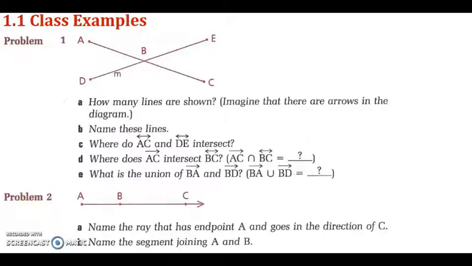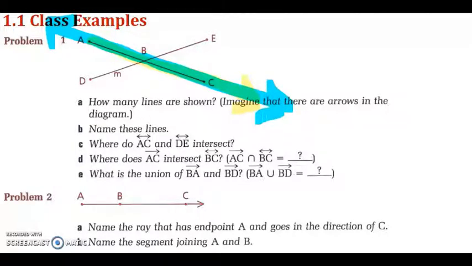Your textbook does provide some examples of union and intersection. So where does ray AC intersect with line BC? Ray AC is from point A in the direction of C, and line BC extends infinitely in both directions.